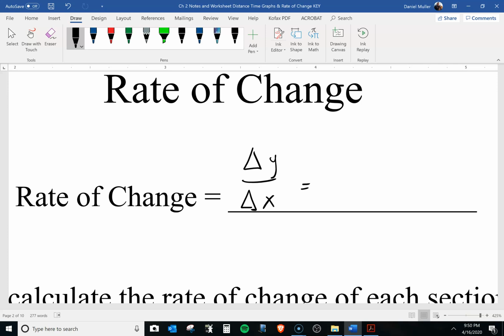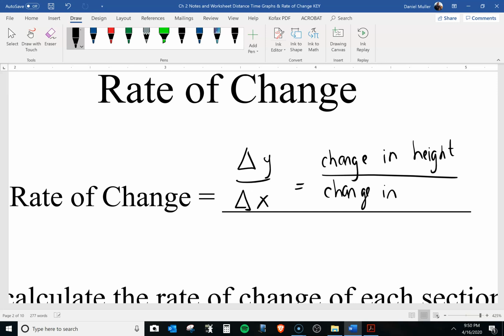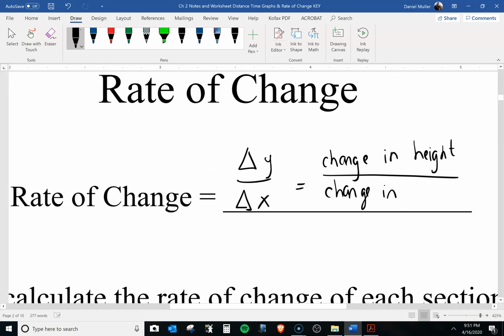What we are looking for is our change in height divided by our change in, I guess, length.